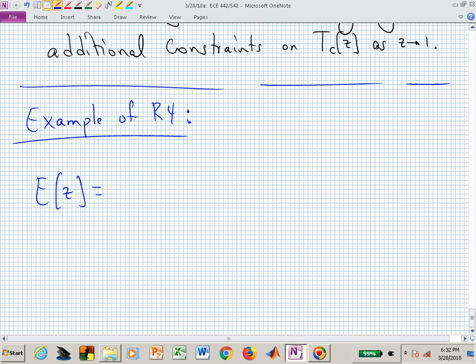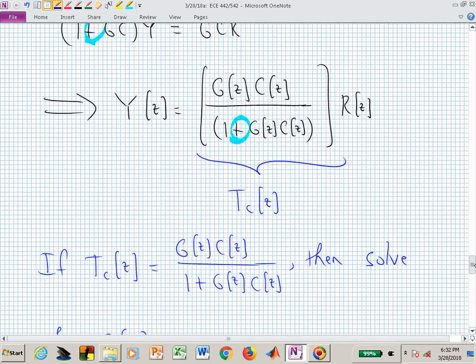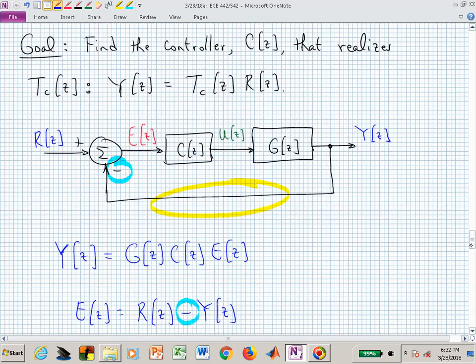How do we define the z transform of the error, E of z? What was that equal to in this block diagram? It's just R minus Y.